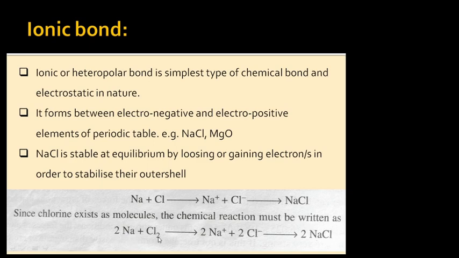So 2Na plus Cl2 makes twice Na plus ion and twice Cl minus ion, and this will give me twice NaCl. This is a stoichiometric relation. I think you have also come across this stoichiometry, chemical relation, in 11th and 12th grade level.